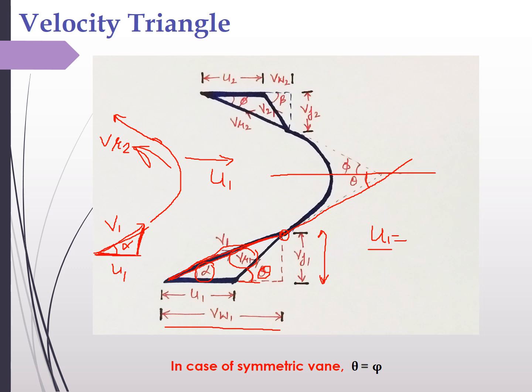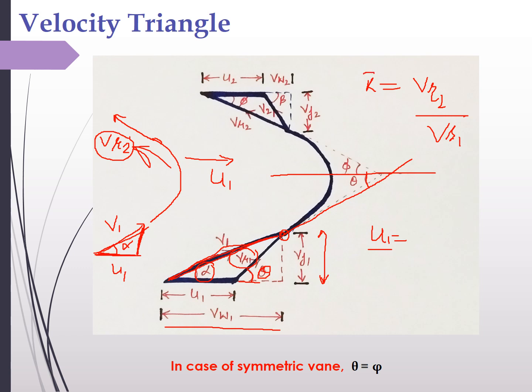So what will be the magnitude of this? Again, a formula will be used which was used in the case of the Pelton wheel turbine also. K is equal to Vr2 by Vr1. Vr1 is the relative velocity that we will find at the inlet, because we will be knowing alpha, V1 and u1, so we can find out Vr1 and put it over here.